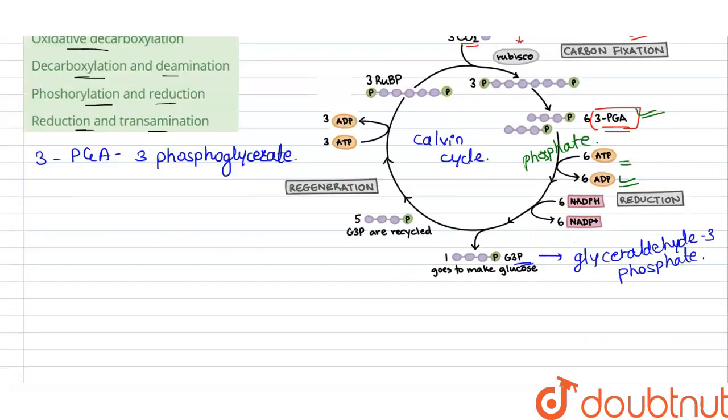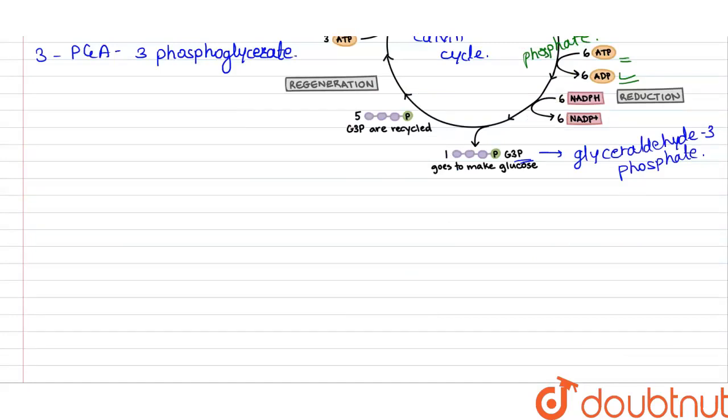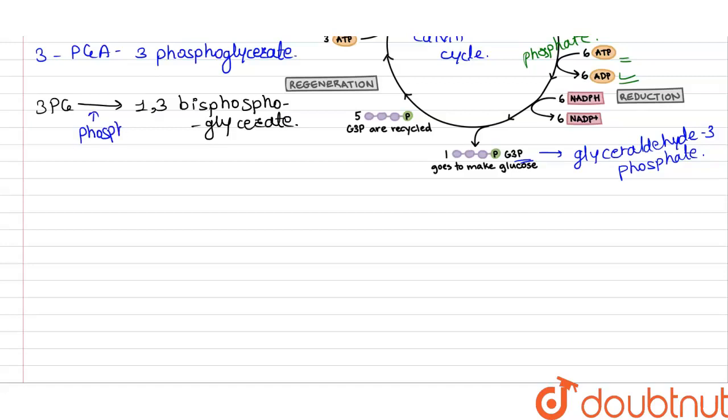So this reaction we will write here. This 3-PGA will get converted into 1,3-bisphosphoglycerate. For this conversion one phosphate will be used, and that phosphate is obtained from ATP.